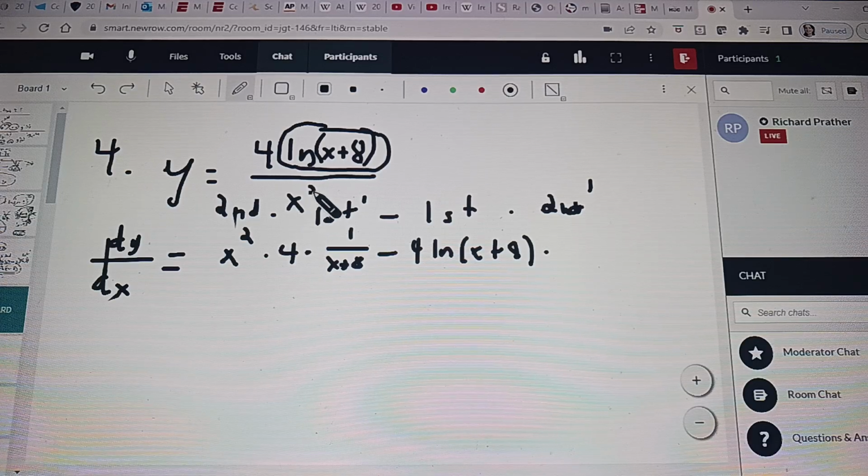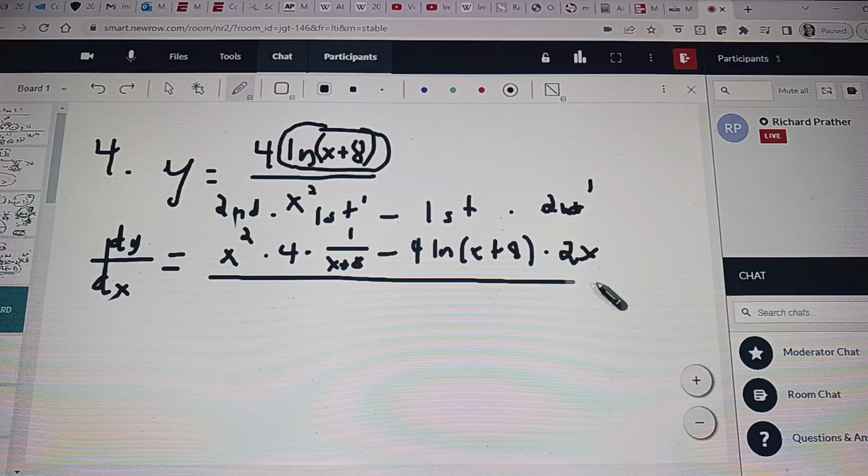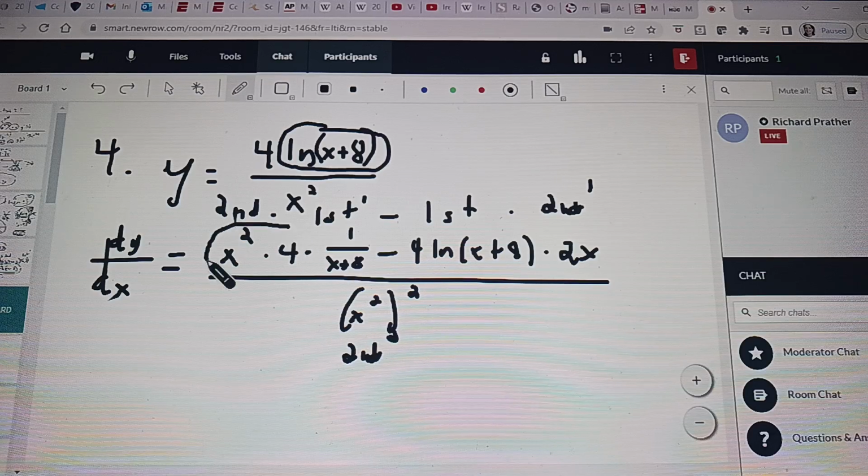The derivative of x squared is 2 times 1, x to the 2 minus 1, so that's just 2x. All over the second squared. So that was the quotient rule. Again, to review that, second times derivative of the first minus first times derivative of the second over the second squared.